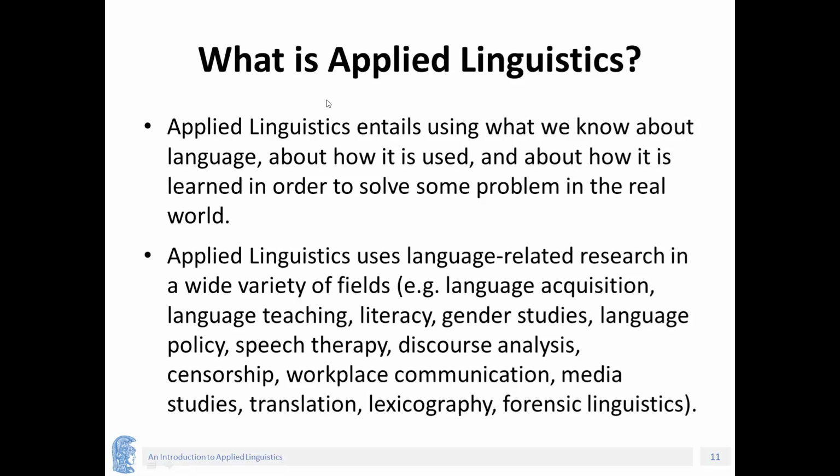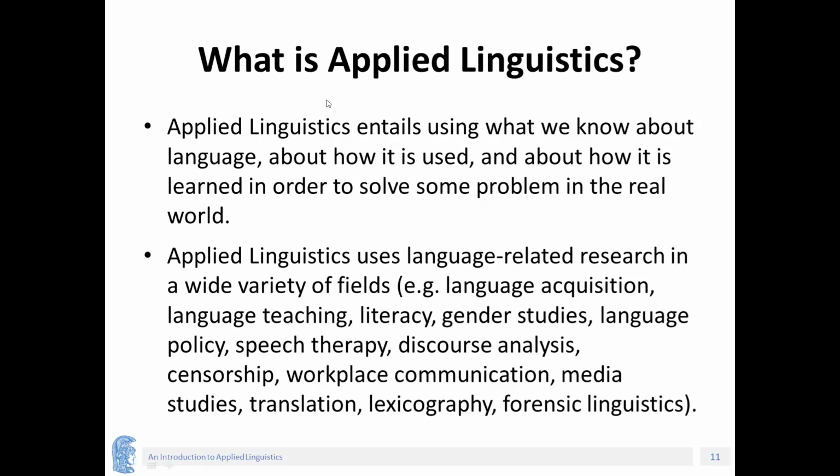These are areas related to language acquisition, language teaching, policy, speech therapy, discourse analysis, censorship, workforce communication, media studies, translation, lexicography, and forensic linguistics related to crime, and all these things.